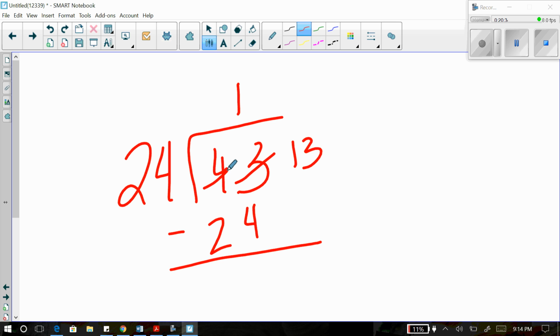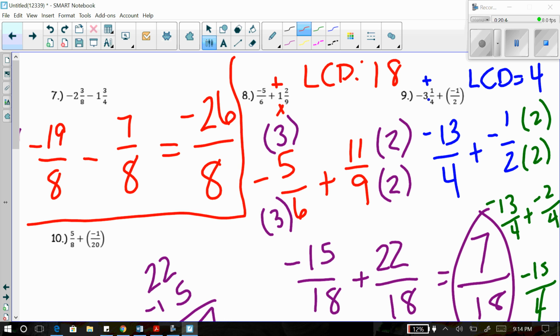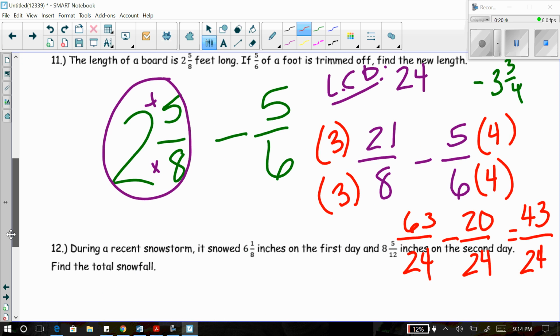Okay, if I subtract them here, 19. 1 and 19 24ths, and I can't simplify that anymore. So how much is left? What's the new length? 1 and 19 24ths feet.